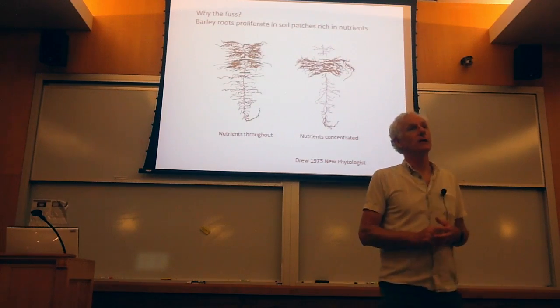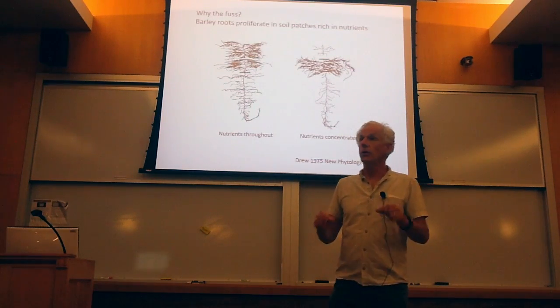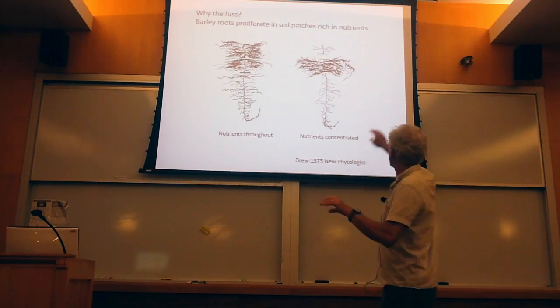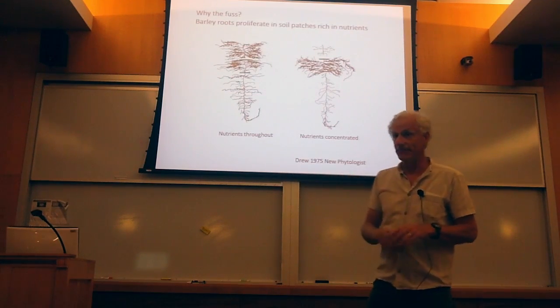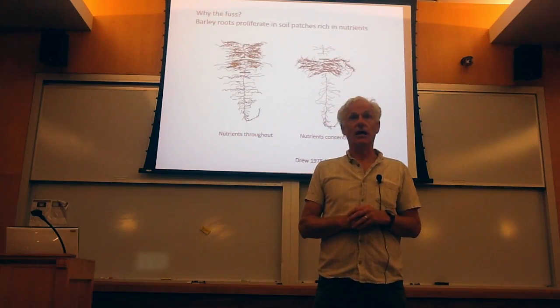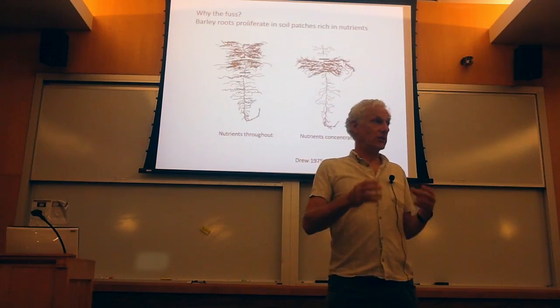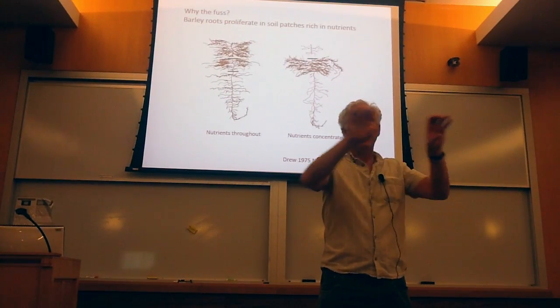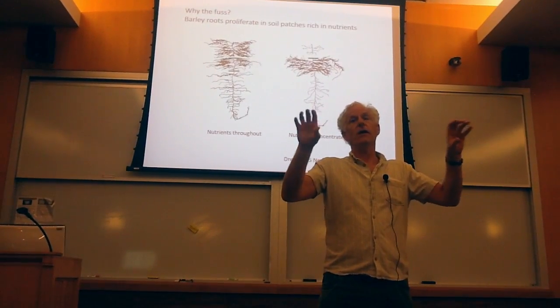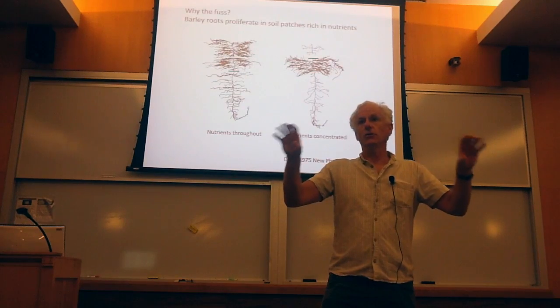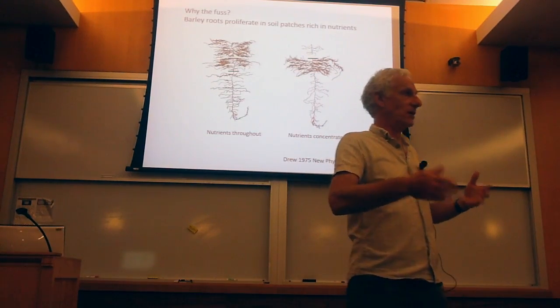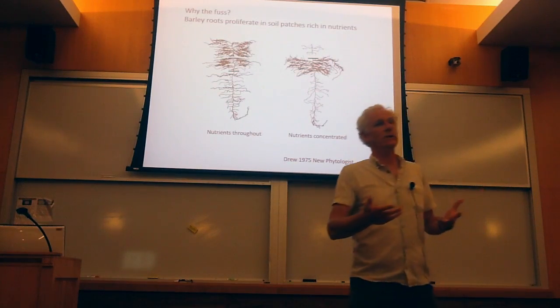The plant on the right was grown in soil that only was rich in nutrients through that one band through the middle there. As a result, the plant only proliferated roots in that narrow band where there were lots of nutrients. So the plant was able to perceive its environment and respond accordingly.